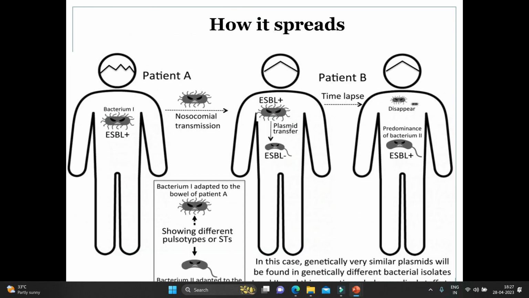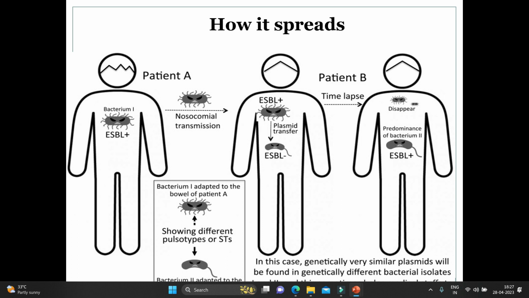So how does it spread? I have given an example here. Patient A is ESBL positive, and has bacteria which contain the R gene, known as the resistance gene, which is responsible for the ESBL activity.